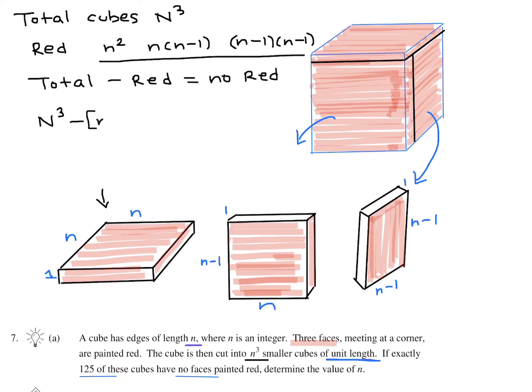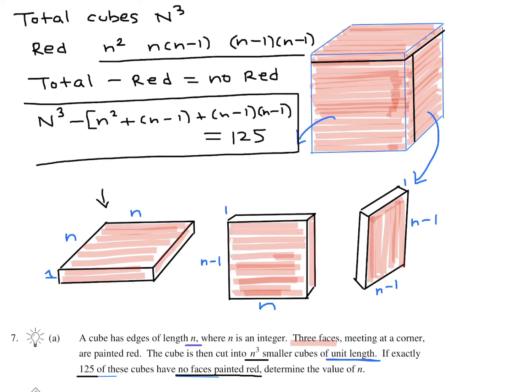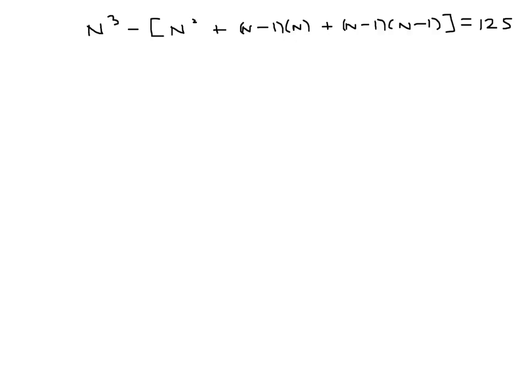So it would be n squared plus n times n minus 1 plus n times n minus 1 times n minus 1. And they've told you that the number of no red is 125. Exactly 125 have no faces painted red, like that. So there you go. Now you just have to solve this equation for n.